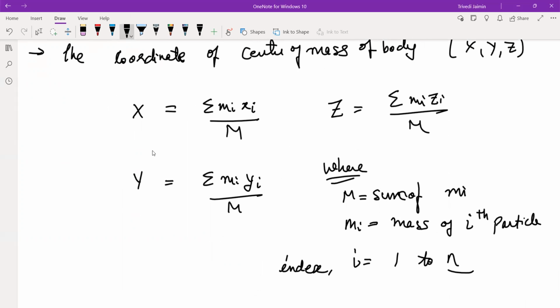Now, the position of i is given by what we wrote here.